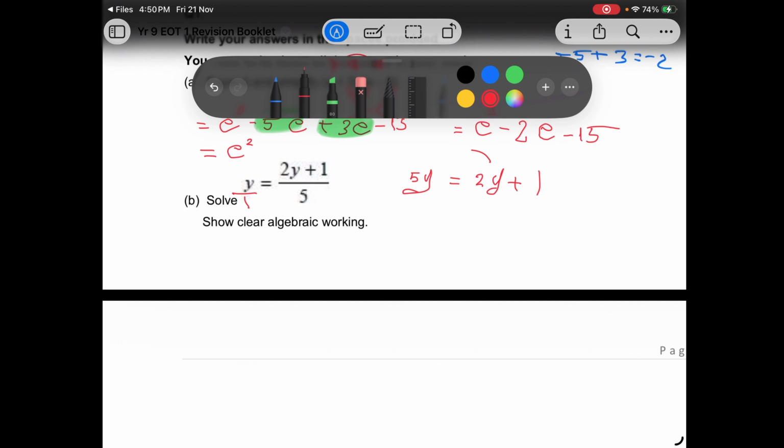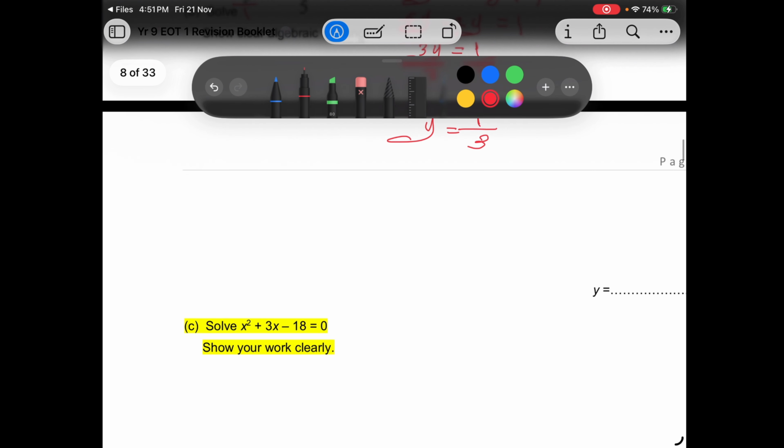So we can easily and legitimately move this to this side. So it will be 5y minus 2y equals 1. Then it will be 3y equals 1. Then we can easily divide by 3 by 3. Then y will be 1/3, like this. Okay, hopefully this is clear for all of you.